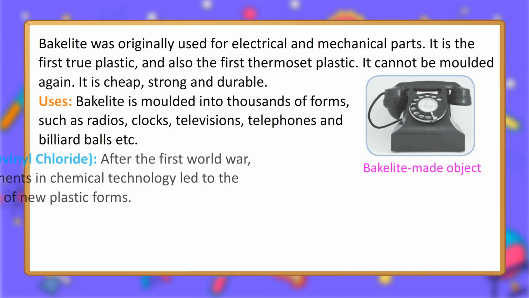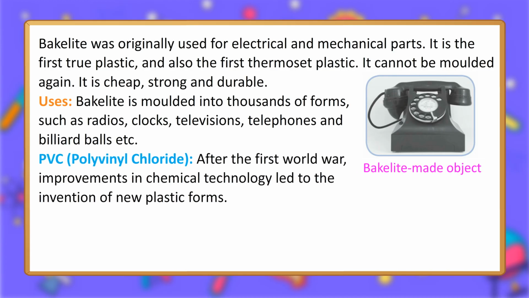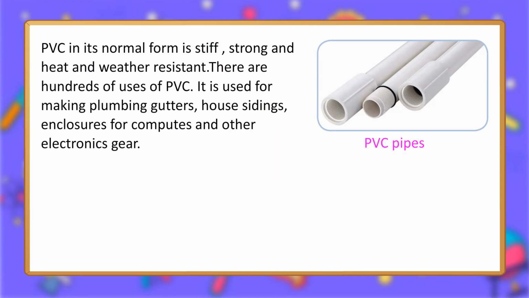PVC, polyvinyl chloride. After the First World War, improvements in chemical technology led to the invention of new plastic forms. PVC in its normal form is stiff, strong and heat and weather resistant. There are hundreds of uses of PVC.